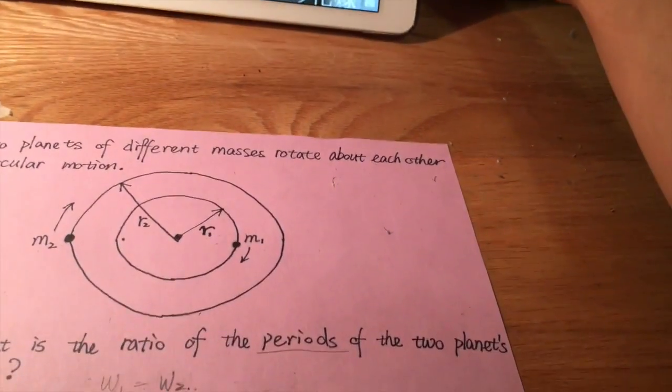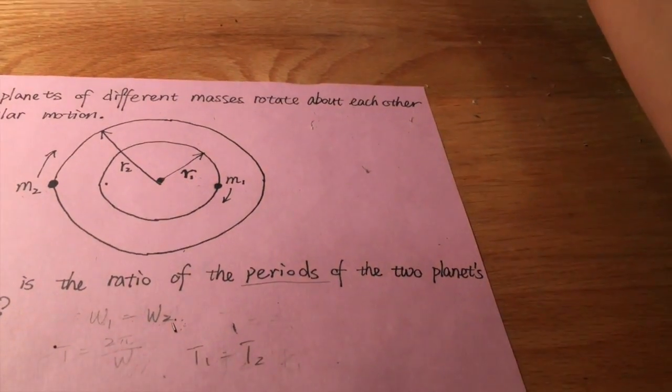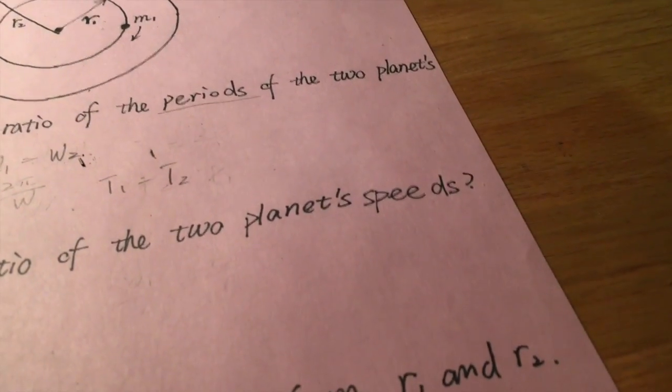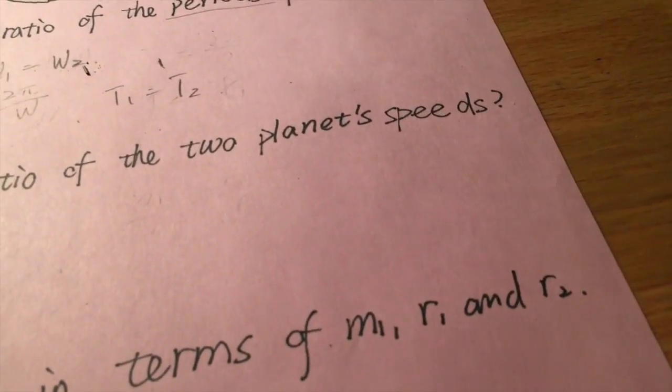And question B asks us what is the ratio of the two planets' speeds.